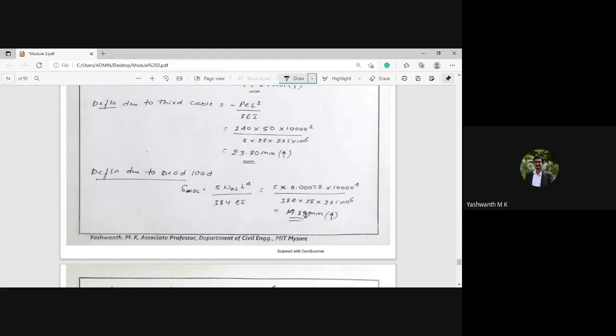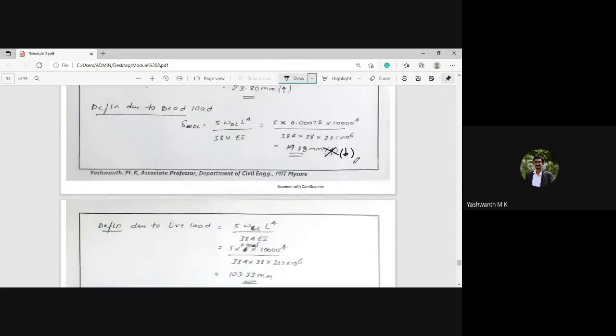The answer will be 14.88 millimeter. Please, there is a small mistake here: it is not an upward arrow, it is a downward arrow. The deflection due to dead load and live load will create downward deflection, not upward. Only pre-stress will produce upward deflection. Is it clear? Please note this point.